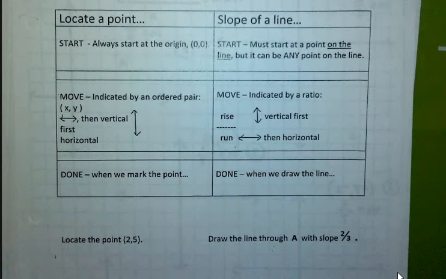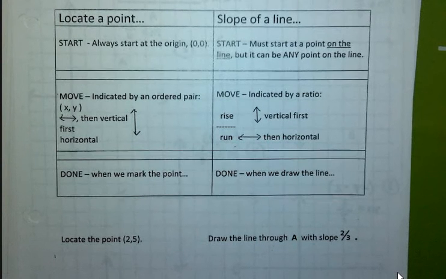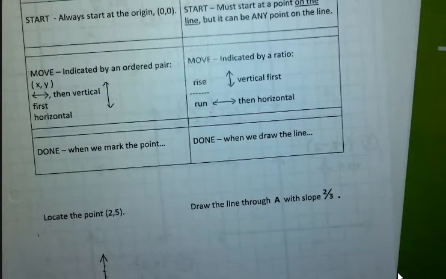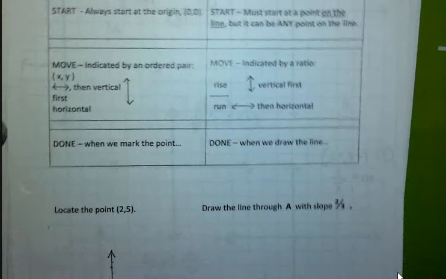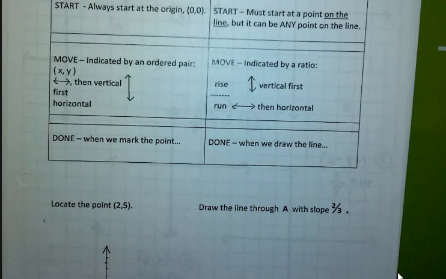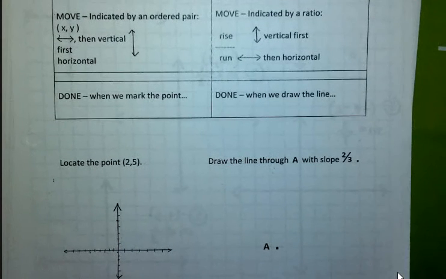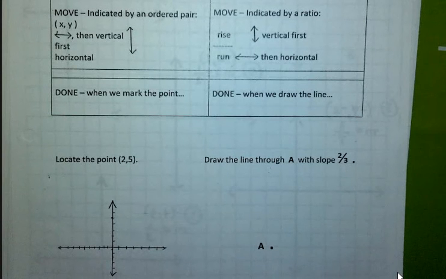Okay, when we're locating a point, we always start at the origin. So if I'm going to locate the point (2, 5), then I have to have the axes to begin, because my starting point when I'm locating a point is always at the origin.